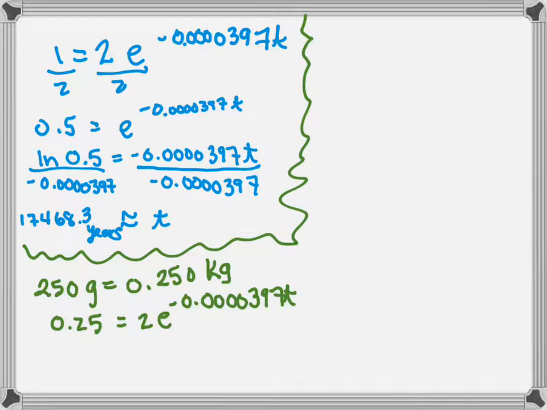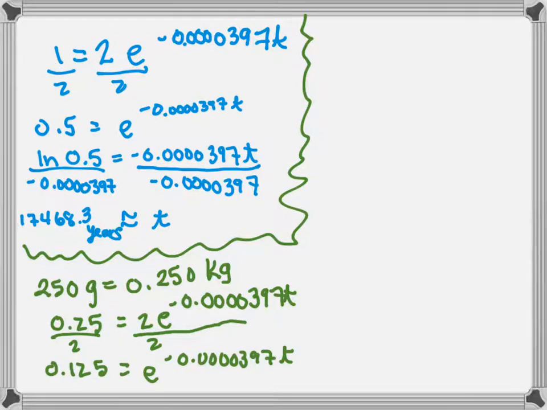So 0.25 equals 2 times e to the negative 0.0000397 t. Dividing both sides by 2, we have 0.125 equals e to the negative 0.0000397 t.